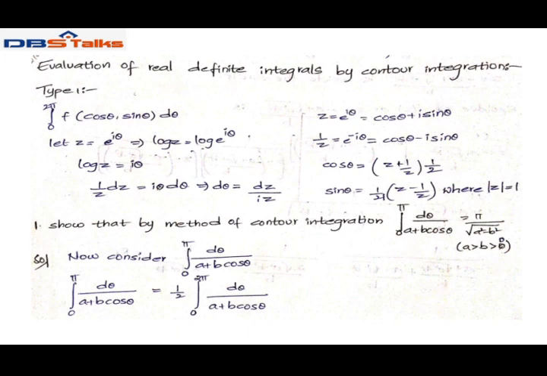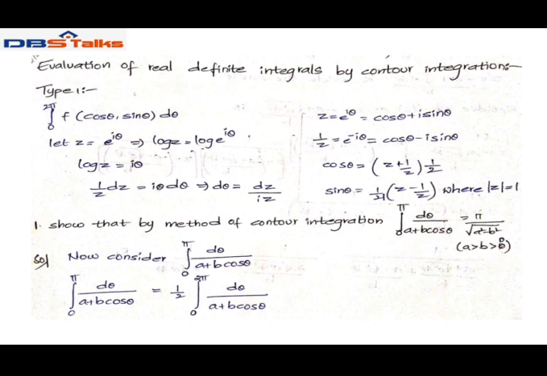So solution. Now consider integral 0 to pi d theta by a plus b cos theta. This problem is only given integral limits 0 to pi. That's why we have to change into limit 0 to 2 pi.